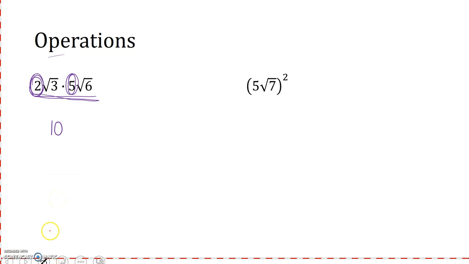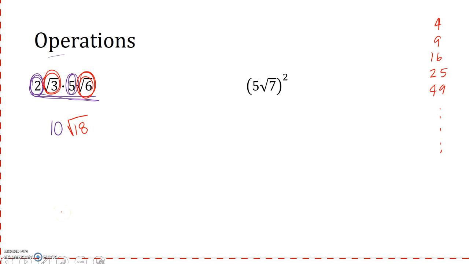And then you can multiply the radicals together. So root 3 times root 6 would be root 18. And then, if you can, you want to reduce your radical again. So again, you want to think about your perfect squares. 4, 9, 16, 25, 49, dot, dot, dot.